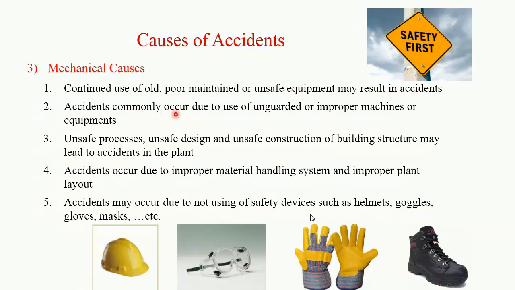Accidents commonly occur due to the use of unguarded or improper machines or equipment, unsafe processes or unsafe design, and unsafe construction of building structures may lead to accidents in the plant. Also, accidents occur due to improper material handling systems and improper plant layout.